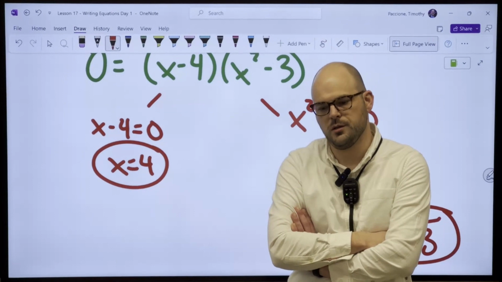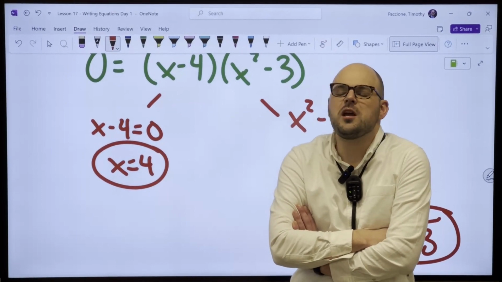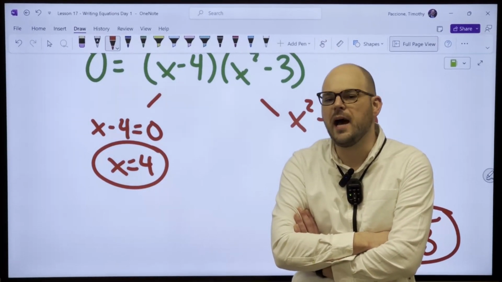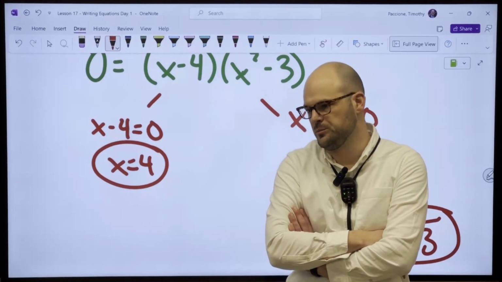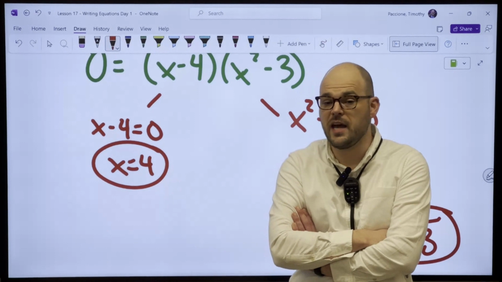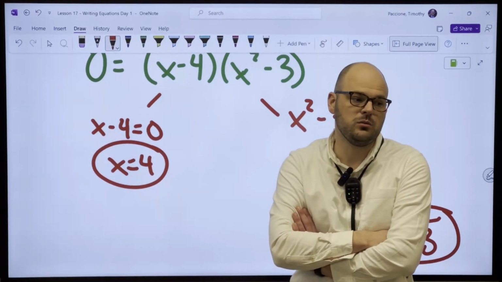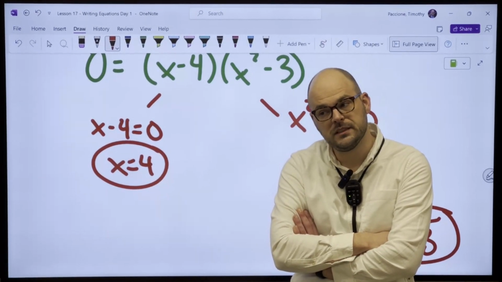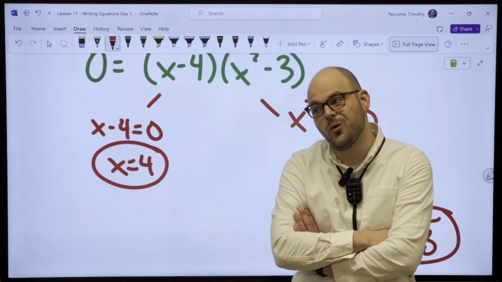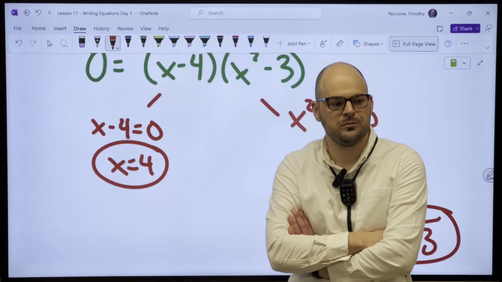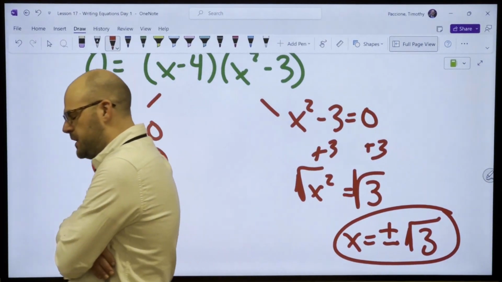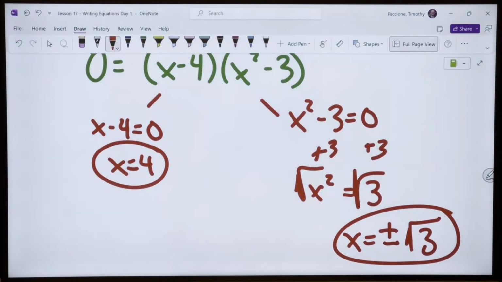If you think back to the square root of 4, when I first threw that at you, everybody said 2. And I said, it's not just 2, it's plus or minus 2. Why? Because negative 2 times negative 2 is also 4, so we account for both possibilities.